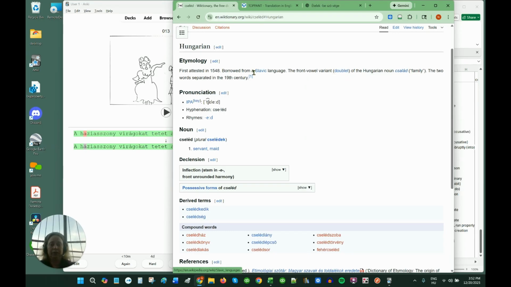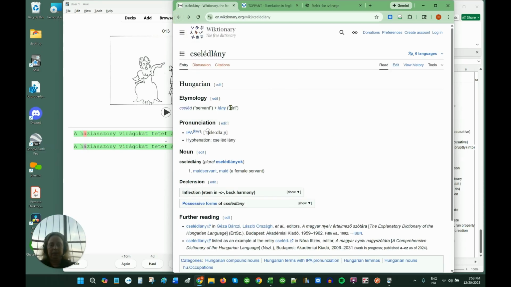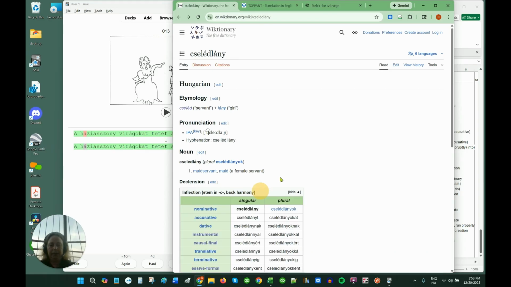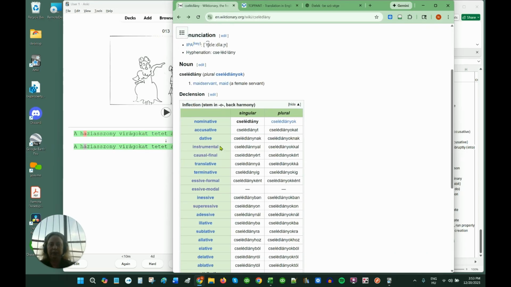So család also came from Slavic, apparently. So a servant, like girl, a maid servant. And then when we look at the vol, the instrumental, so she is the instrument to getting the flowers put on the window. Okay, so that's the way that we double a ñ, two N's get doubled.